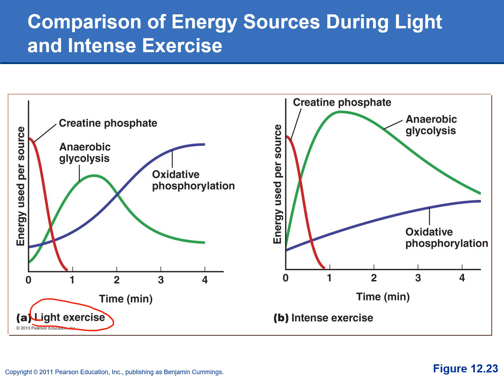And then if we're doing intense exercise like weightlifting or sprinting over here on the right, when you start doing those exercises, notice that again, our first source of ATP is going to be creatine phosphate, and that'll supply ATP for about 15 seconds.